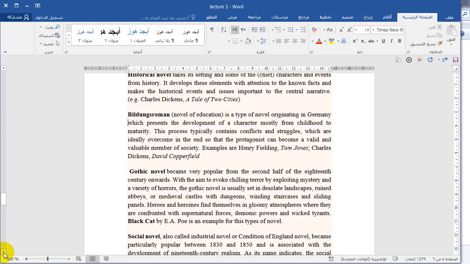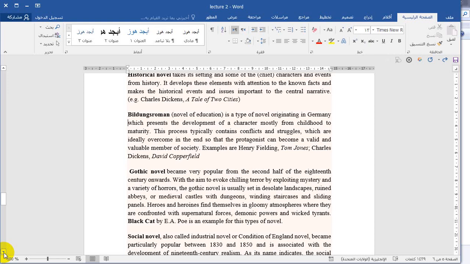The atmosphere is dark, to arouse a sense of horror within the reader. A gloomy atmosphere where they are confronted with supernatural forces, demonic powers, wicked tyrants, and it is very dark and ambiguous, not easy to understand.